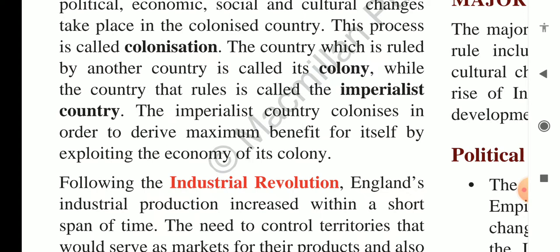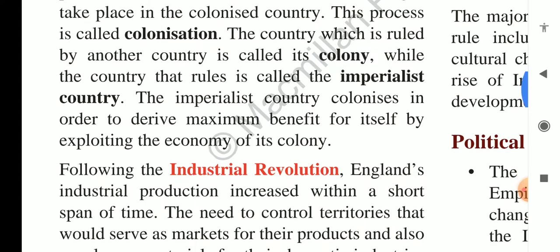The imperialist country colonizes in order to derive maximum benefit for itself by exploiting the economy of its colony. It is very clear that the imperialist country, meaning the country which rules, colonizes in order to derive maximum benefit.